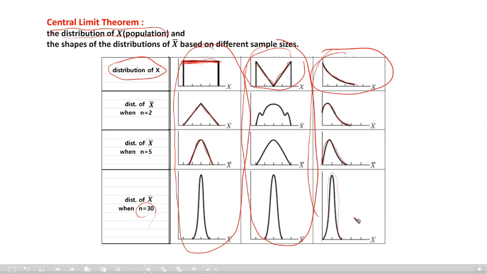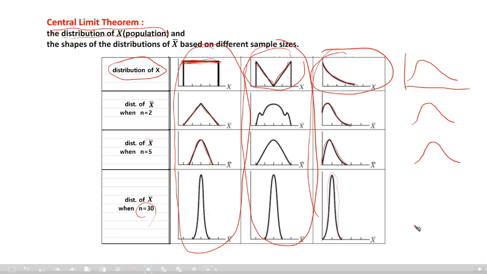Okay, get it? If you think about the distribution of the population, the distribution of x is a little like this. It is not a normal distribution. Then with n equal to 2, it is nearly a normal distribution. And with n equal to 5, it is very much like a normal distribution.